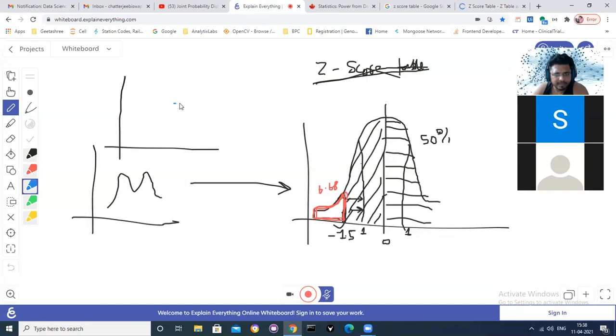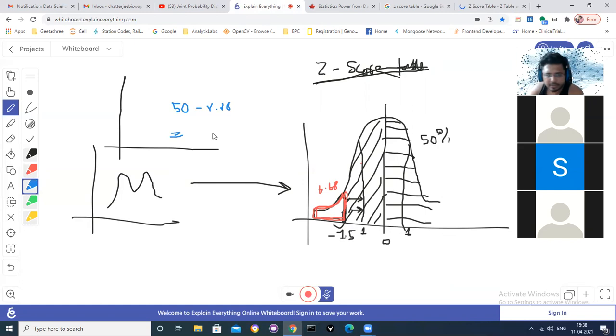This will be 50 minus 6.68, which is equal to 43.32. So 43.32 plus 50 is equal to 93.32.